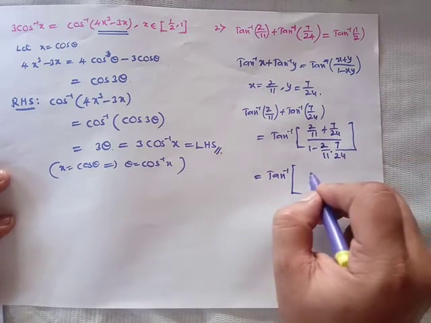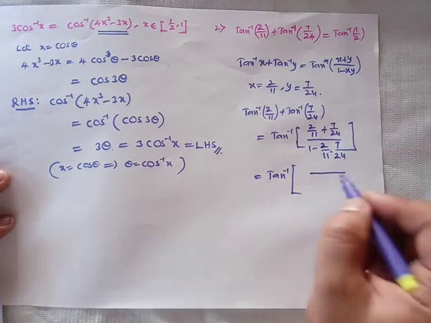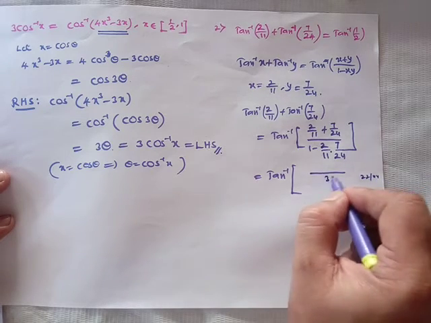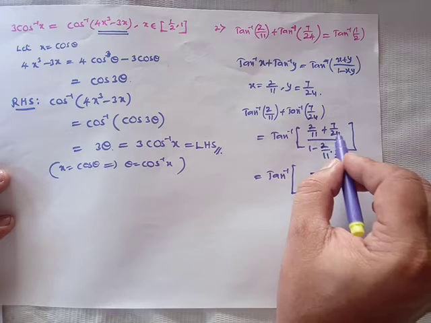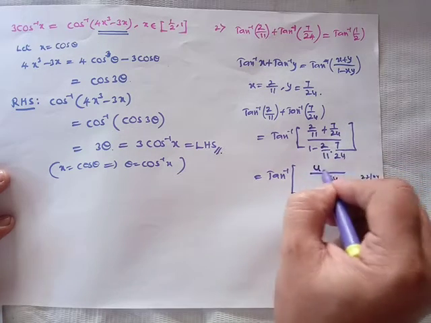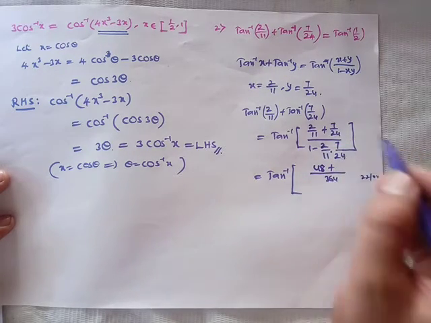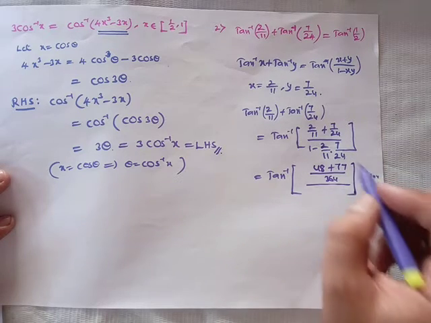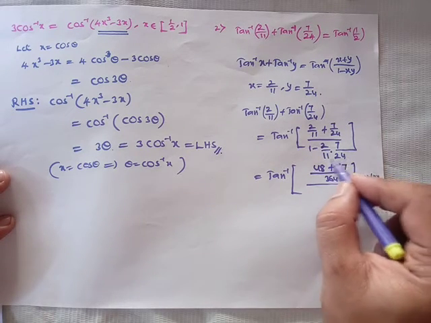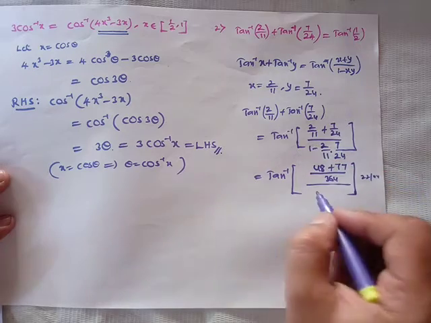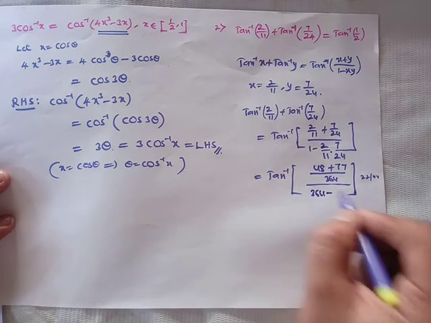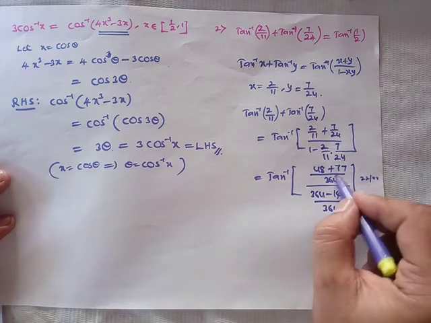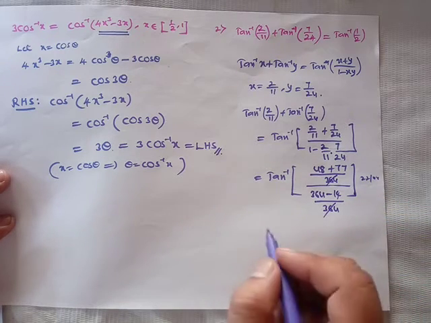The LCM will be 11 into 24, which is 264. Now 2 into 24 is 48, plus 7 into 11 is 77, by 264. And 1 minus 14 by 264, both 264 will cancel.